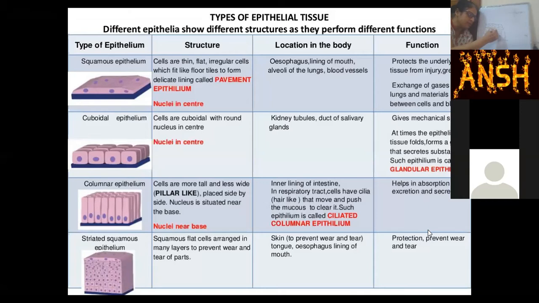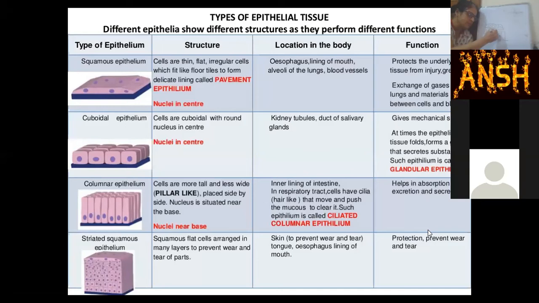Somewhere there must be the presence of simple columnar epithelia, that is that epithelial tissue which is present in the form of pillars, but somewhere it has small hair-like structures, cilia attached to it, right? At that time it will be known as ciliated columnar epithelia.